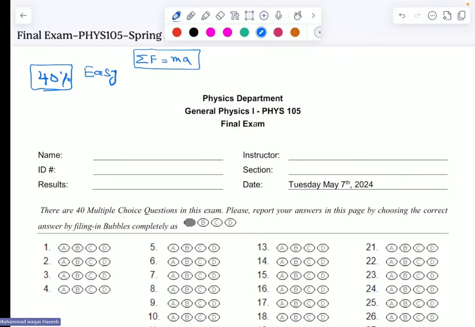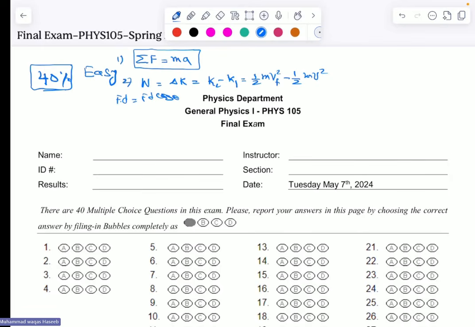Then in chapter 6, we learned the work-energy principle, that the work is the change in kinetic energy, K2 minus K1, which is nothing but 1/2 m vf squared minus 1/2 m vi squared. And the work is defined as F dot d, or F d cosine theta. So this is the most important formula as well.